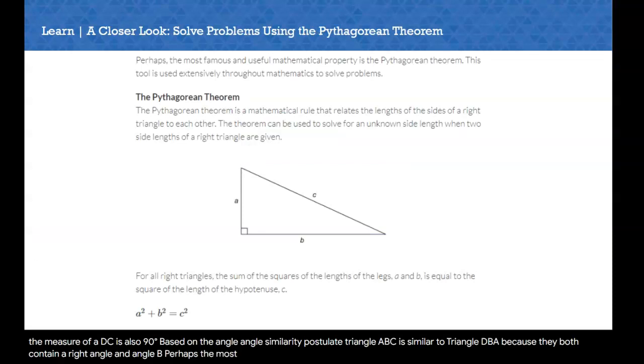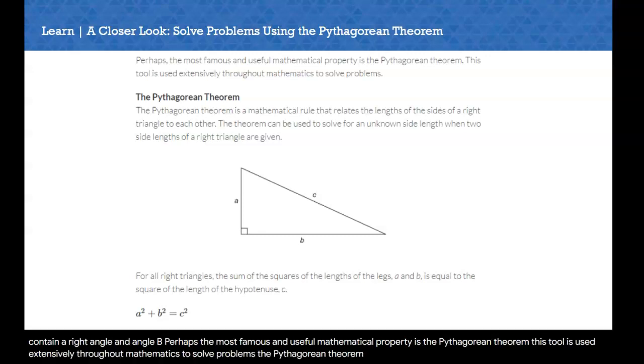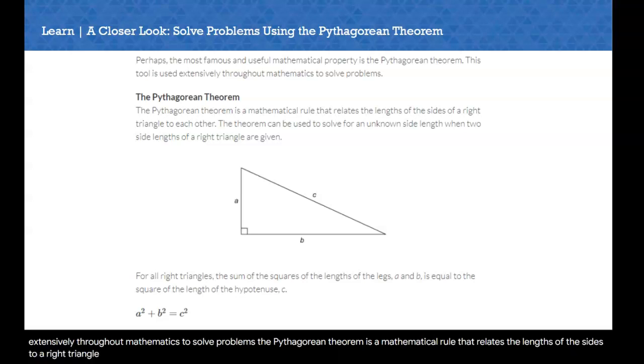Perhaps the most famous and useful mathematical property is the Pythagorean theorem. This tool is used extensively throughout mathematics to solve problems. The Pythagorean theorem is a mathematical rule that relates the lengths of the sides to a right triangle.